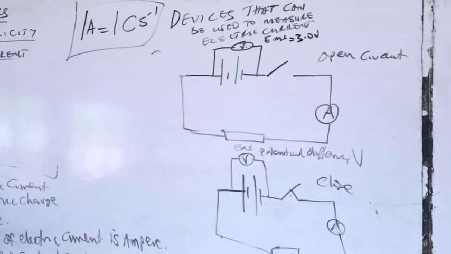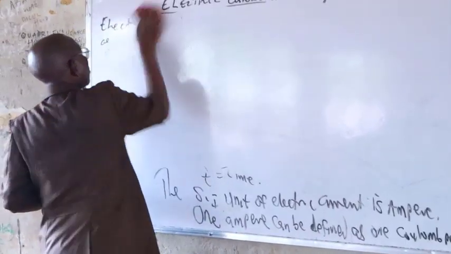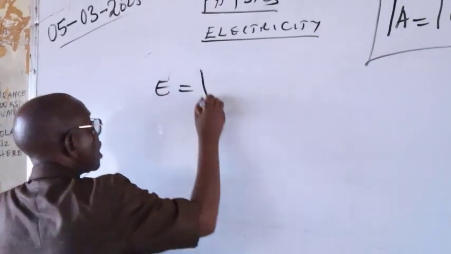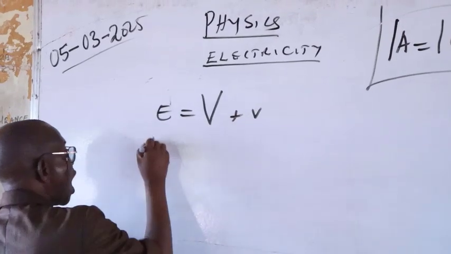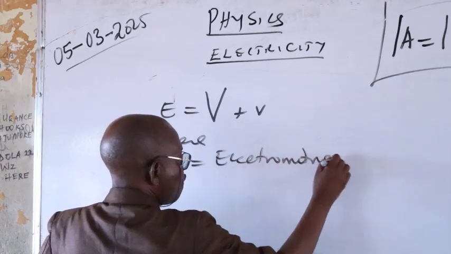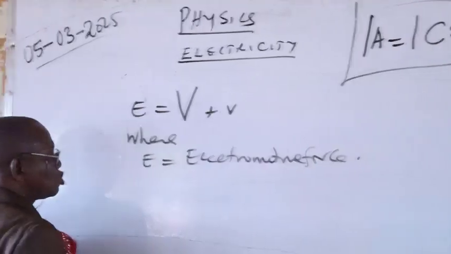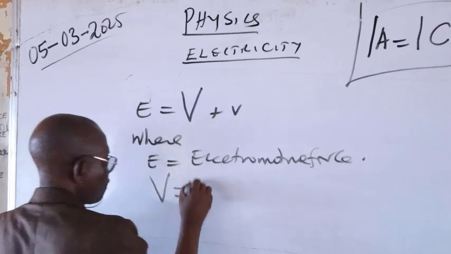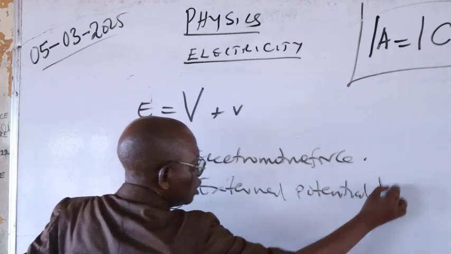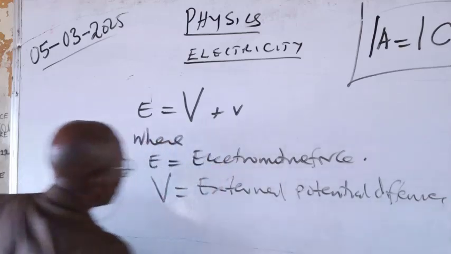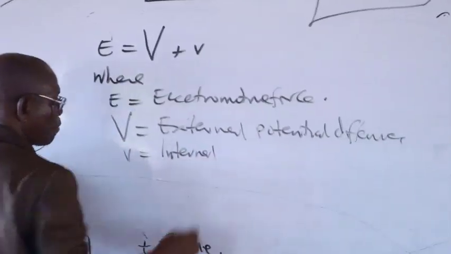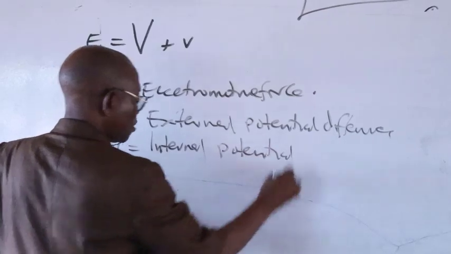Electromotive force can be expressed mathematically as E equals capital letter V plus small letter v, where, please take note, E stands for electromotive force of the battery, capital letter V stands for external potential difference, and small letter v stands for internal potential difference.